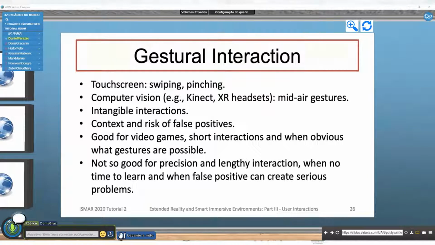Also, it is a problem if it is not possible to immediately determine that we have a false positive, or if the false positive can create a serious problem by accident, let's say opening the door or creating noise or something like that.